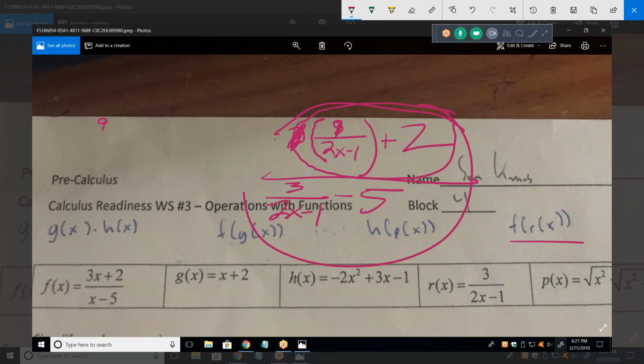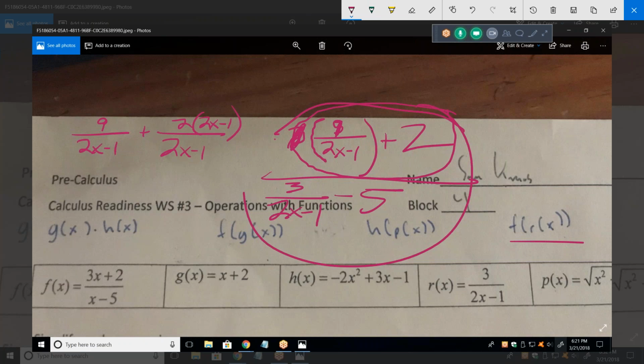Okay, so here's what I'm going to do. There's the 9 over 2x minus 1. And then this, since I want its denominator to be 2x minus 1, I just put that in the numerator, and that's the same thing as just plus 2? Yeah, that's the way to do it.